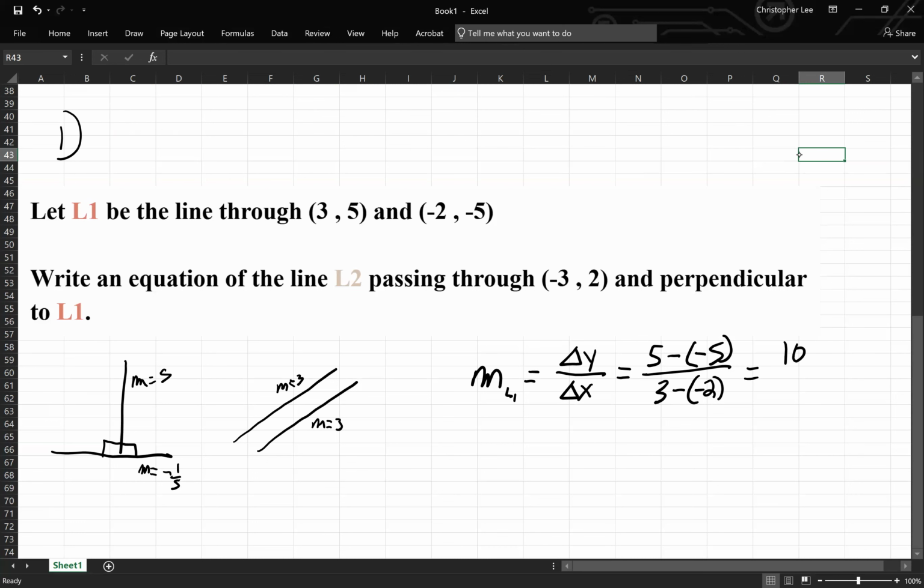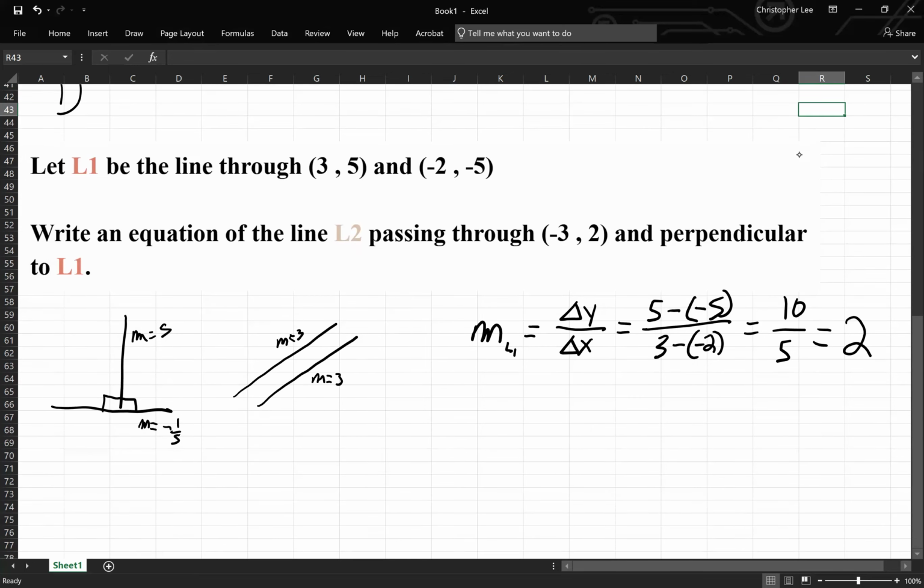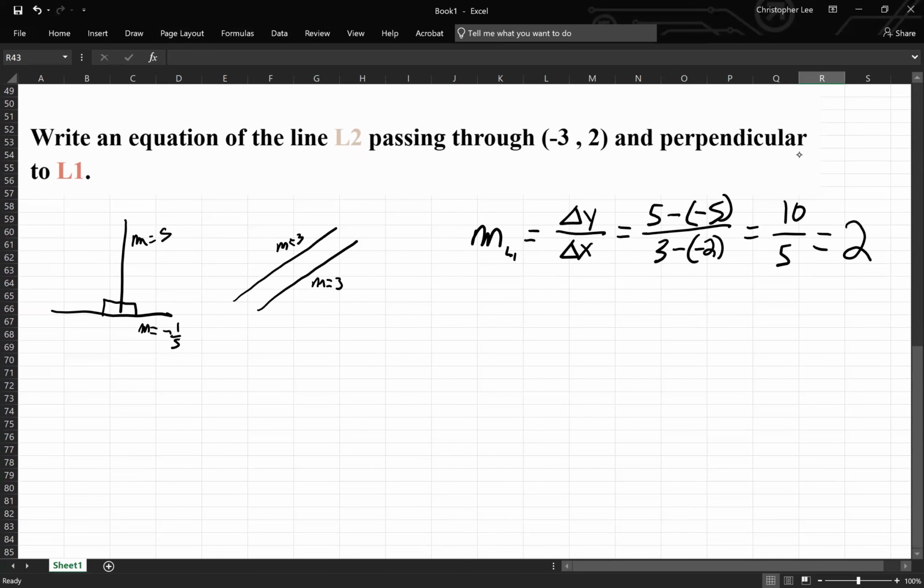This becomes 10 over 5, and 10 divided by 5 is 2. What do I want to do after that? I want the slope for L2. So the slope for L2 is going to be the negative reciprocal. So we're going to have negative, flip the 2, 1 over 2, just like that.